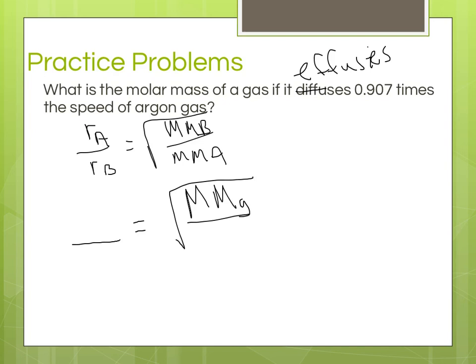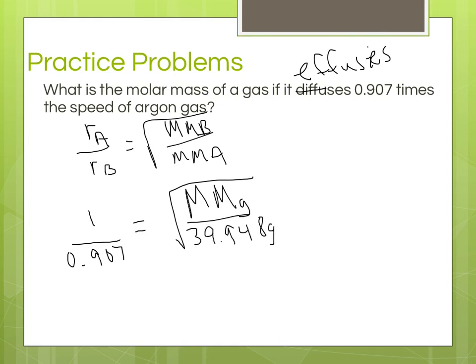Remember, our gas is 0.907 times the speed of argon, so 0.907 has got to be across from that, and then a 1 on top, because that's what it's comparing. 0.907 of our gas compared to 1 of the other. And then we want the molar mass of the other gas, argon, across from the 1 on bottom.